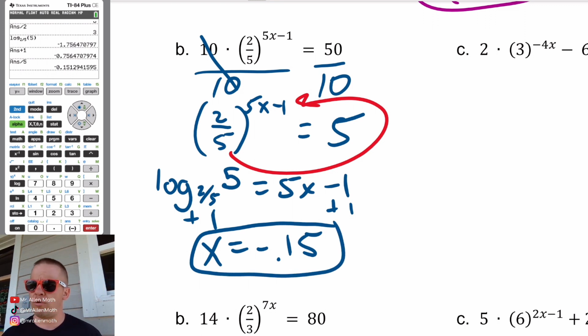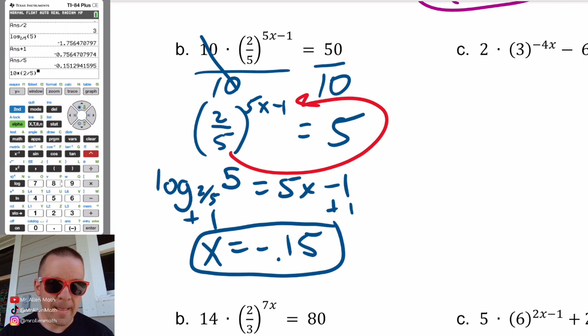Excellent. Now you might be like, bro, can we have a negative? It is for an exponent, so that is okay. You can also always check it. I will show you guys how to check it here. We can just type in the original 10 times, and then we have 2/5. So, not 2 parentheses, just 1. 2 divided by 5, close them, raised to the 5, and then I'm going to use the unrounded, the lot of decimals that we have here in the calculator, you only round once, right?